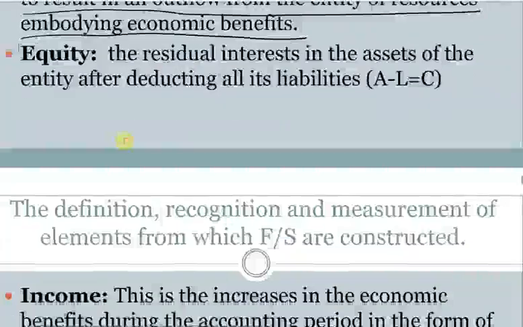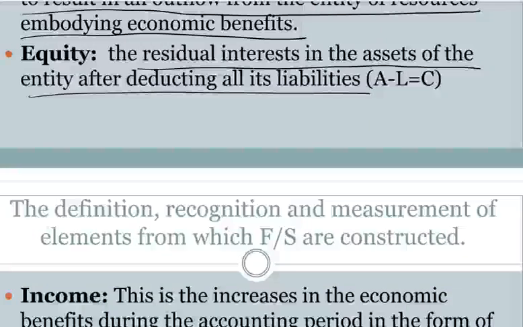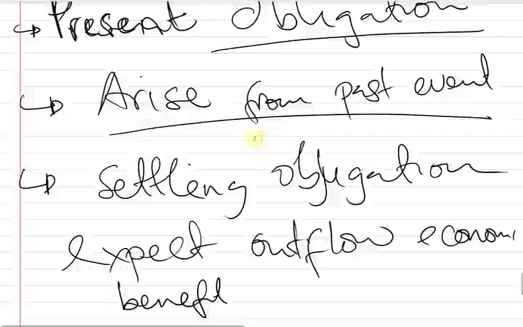So let us look at equity. Equity is basically the residual interest in the assets of the entity after deducting its liabilities. So we're saying whatever is remaining in the assets of the company after you have deducted the liabilities. So you have your assets right here, right?